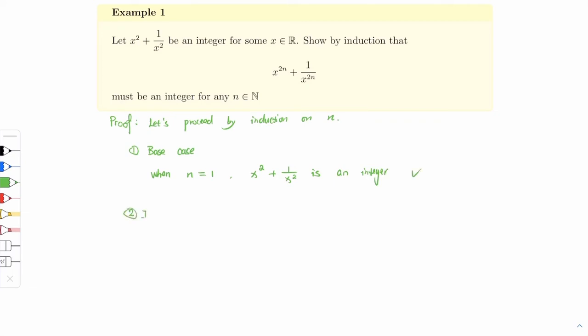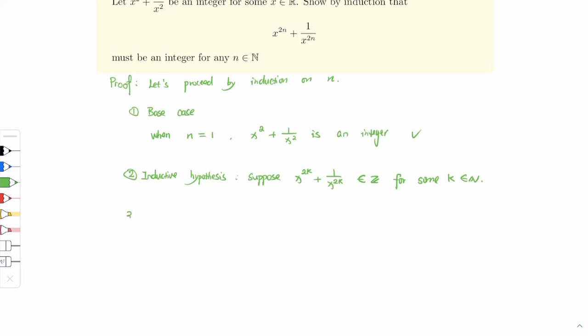Inductive hypothesis: suppose x to the 2k plus 1 over x to the 2k is an integer for some k in natural numbers. So that's my inductive hypothesis.